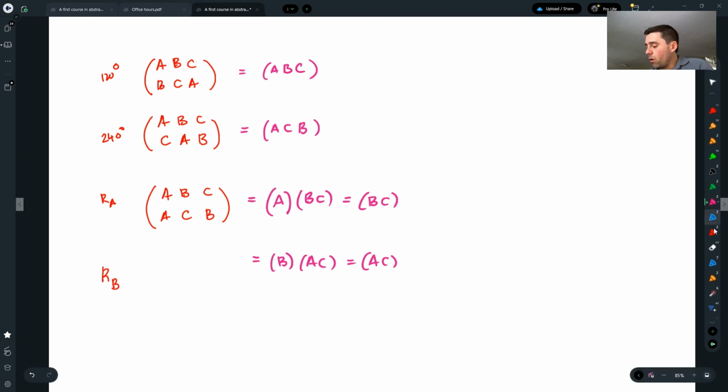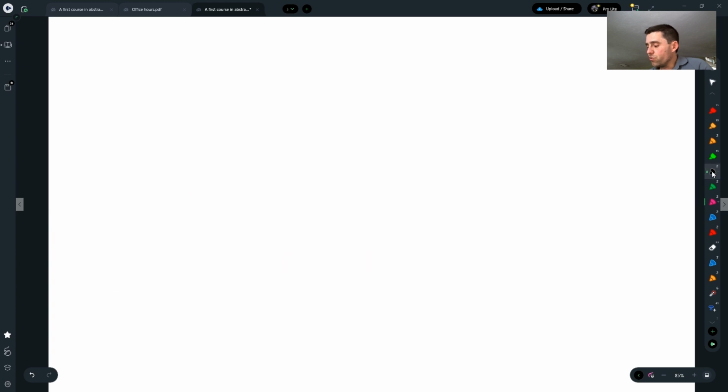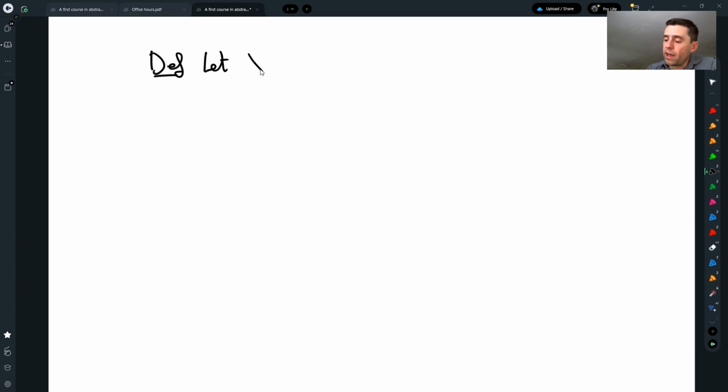So I can go and define something more general, which is what is going to be a permutation group. So let X be a set of vertices, which in this case, I'm just going to number them 1 through n.